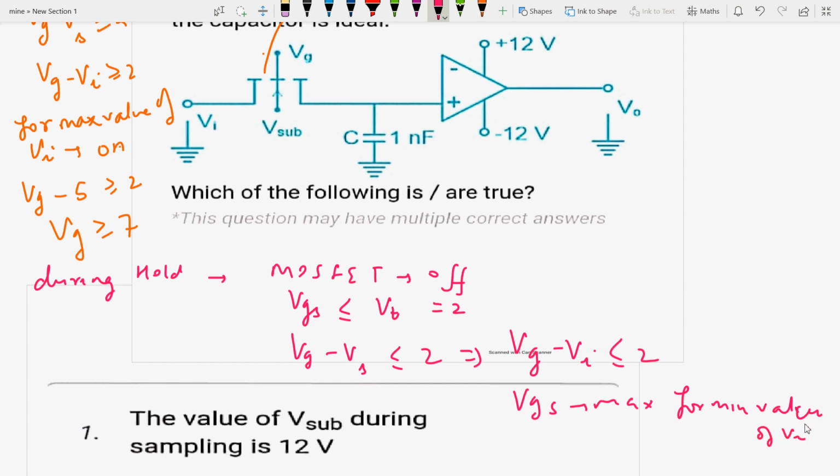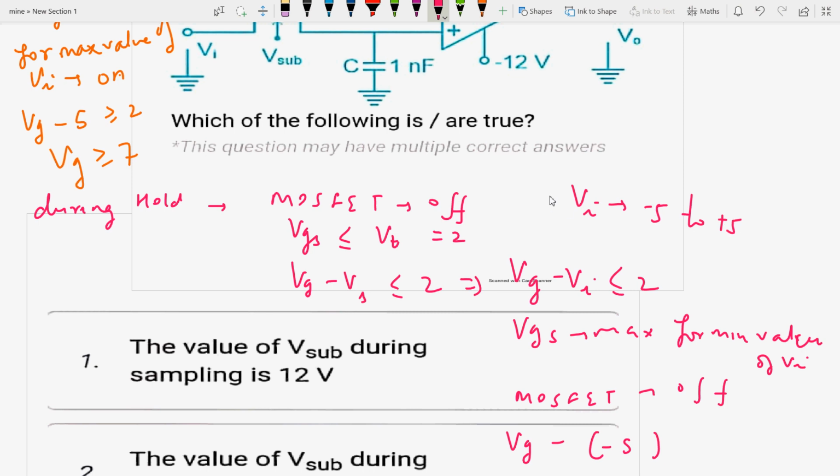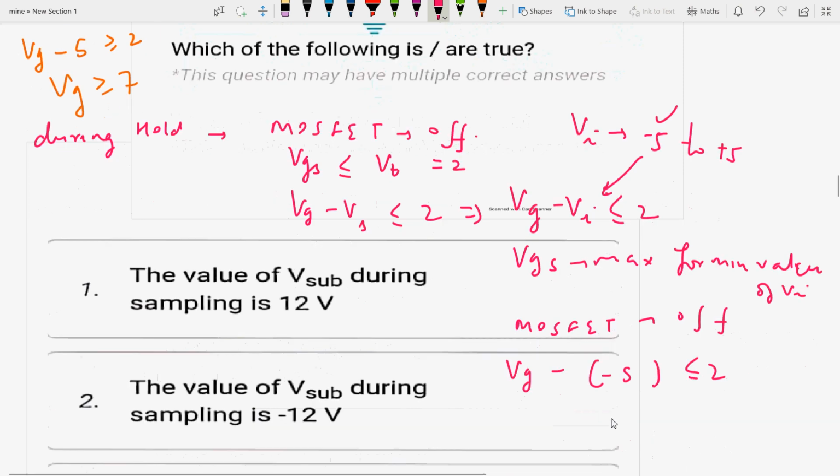For this value also MOSFET must be off. But Vi equal to minus 5 will be taken here during off condition, when it is during hold. So Vg minus (minus 5) less than or equal to 2, which implies Vg plus 5 less than or equal to 2. So Vg less than or equal to minus 3 volt.